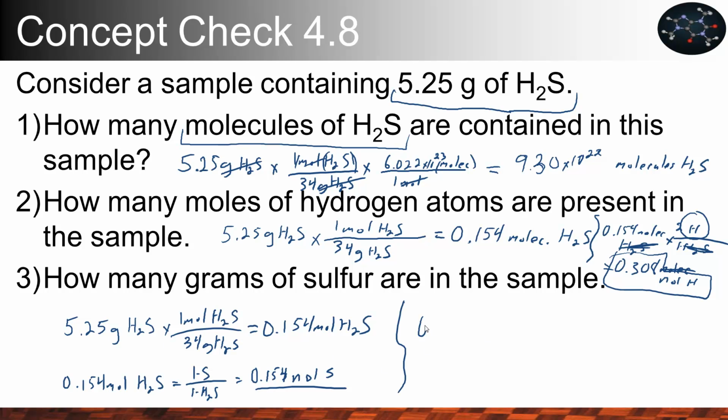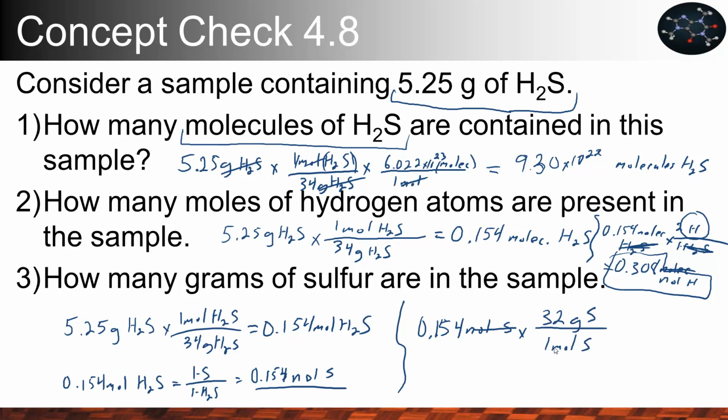And now we can just turn that into grams. By multiplying, and we want grams to appear, so we say 32 grams of sulfur for every 1 mole of sulfur atoms.